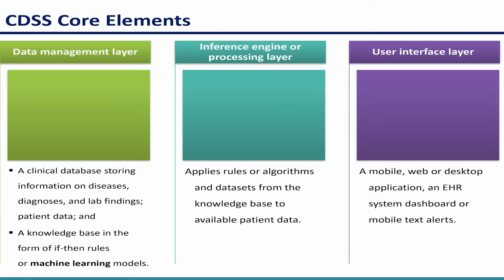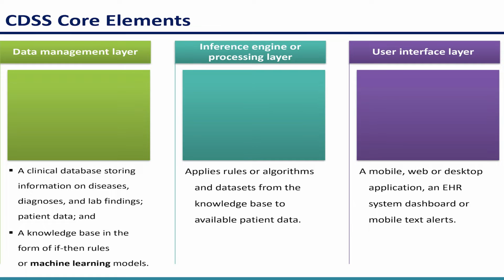Second, the inference engine or processing layer. This is the processing layer. It applies the rules, and according to the rules it helps in making decisions for the decision support system. It applies rules or algorithms and datasets from the knowledge base to the available patient data.